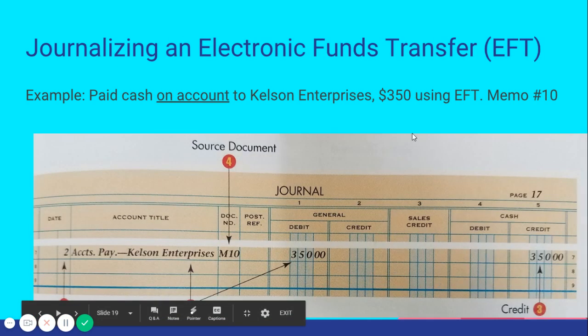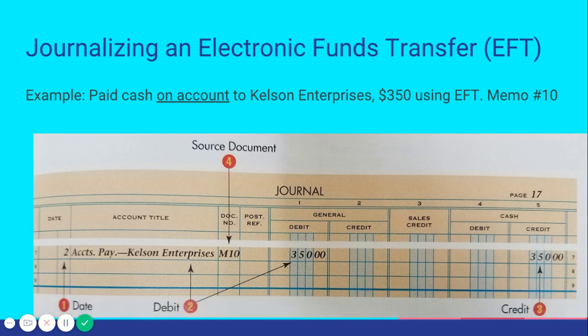Journalizing electronic funds transfer, EFT, so this would be basically kind of like an ATM, using an electronic withdrawal or electronic transfer. An example is you paid cash on account to Kelson Enterprises for $350 using the EFT.